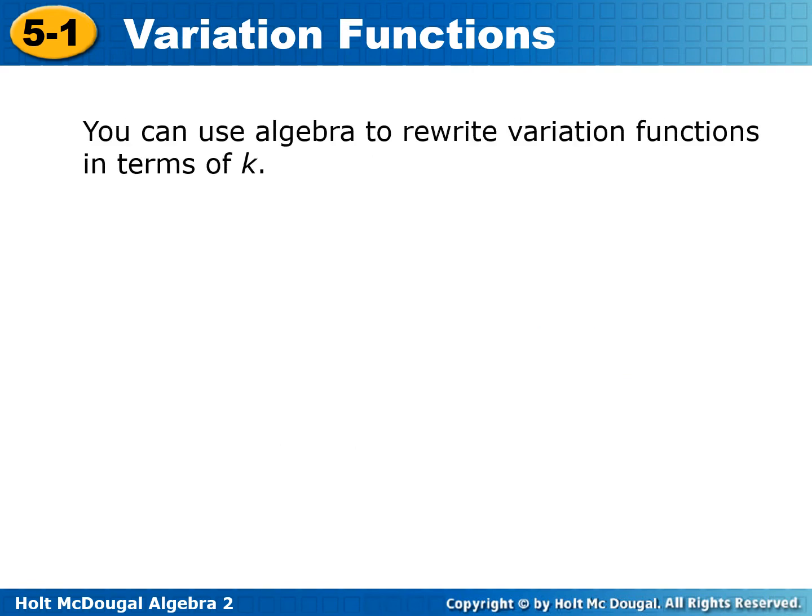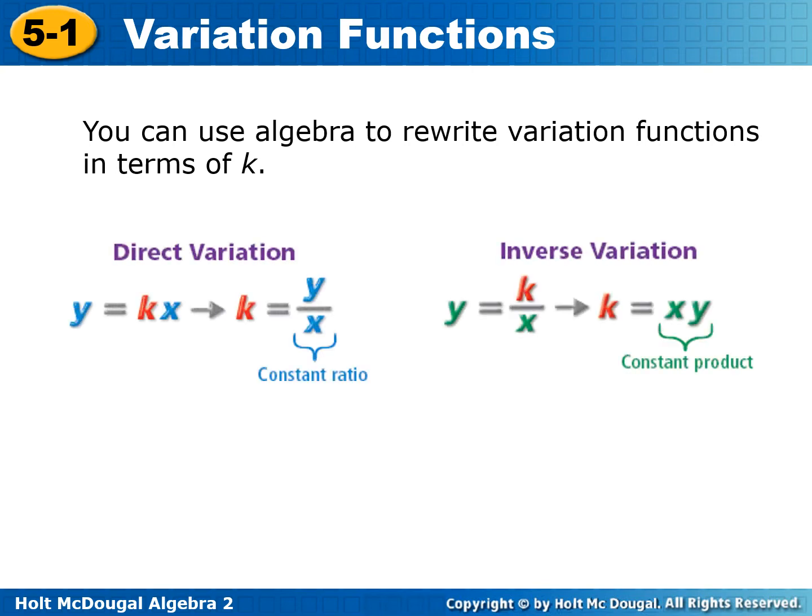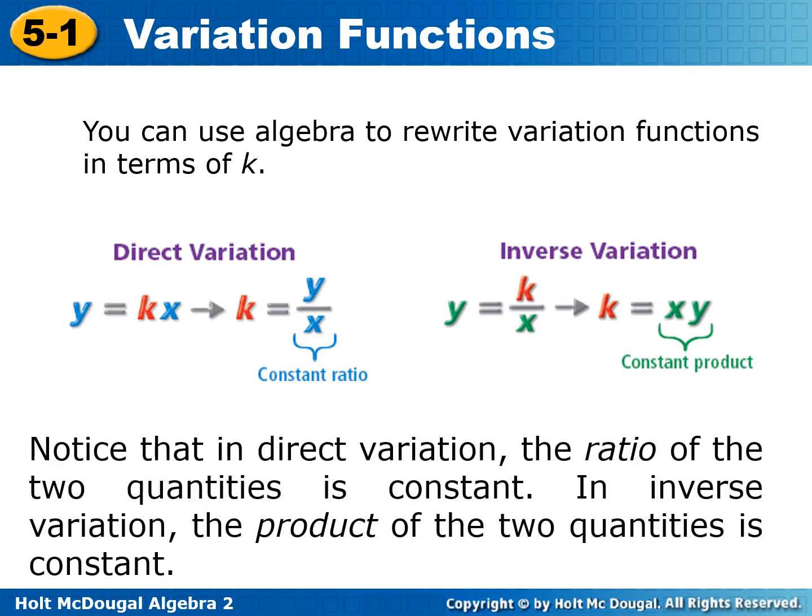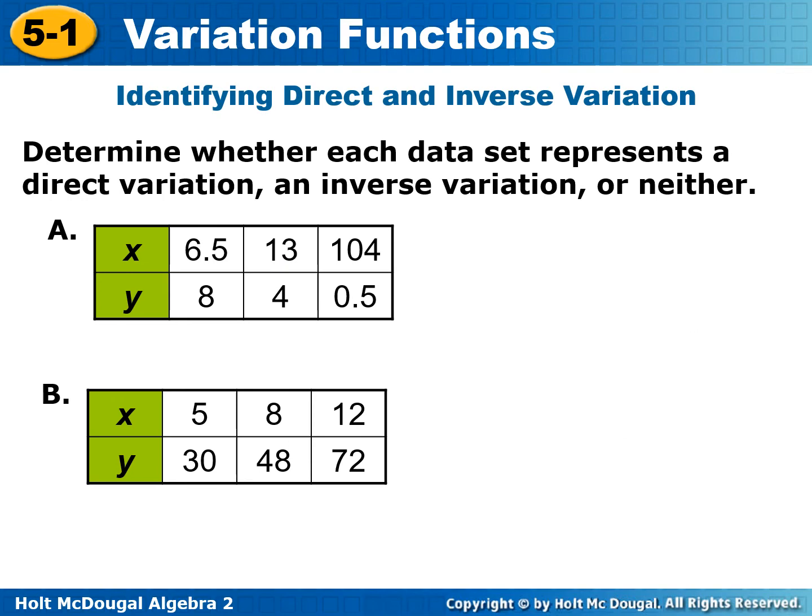Now, we can use algebra to rewrite variation functions in terms of k. So this is direct variation and inverse variation. Notice that in direct variation, the ratio of the two quantities is constant. In inverse variation, the product of the two quantities is constant. So let us identify whether a table is a direct or inverse variation.